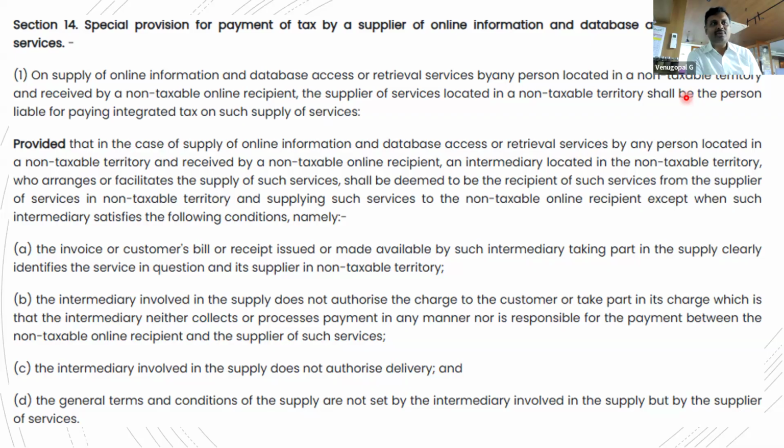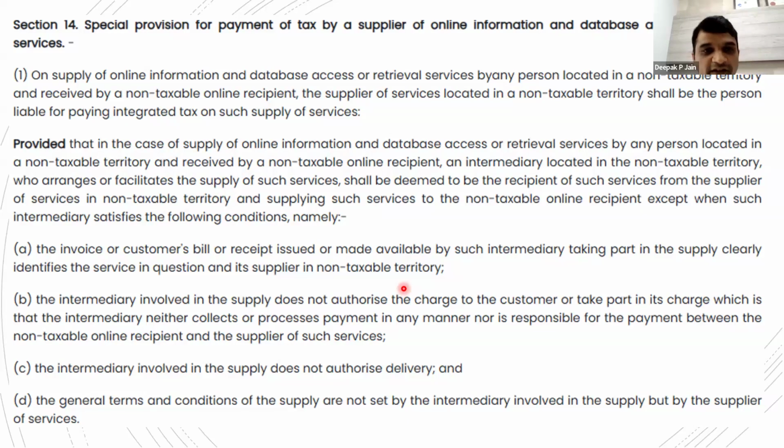You are providing the service through Google Play Store. So from the taxability perspective, it would be deemed as if you are providing services to Google Play Store, even though it is downloaded directly from your server, the codes are coming from your server to me, all that is still happening. From your perspective, being in Australia, it is not an OIDAR service for you, it is the service that you are providing to Google Play Store.